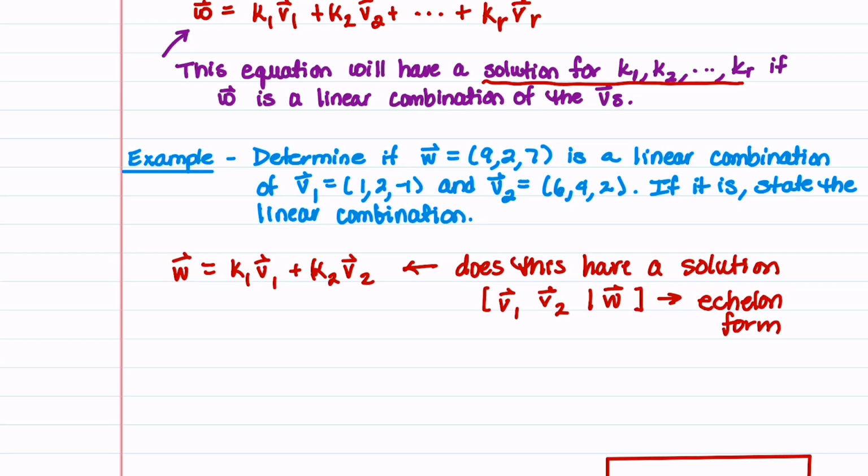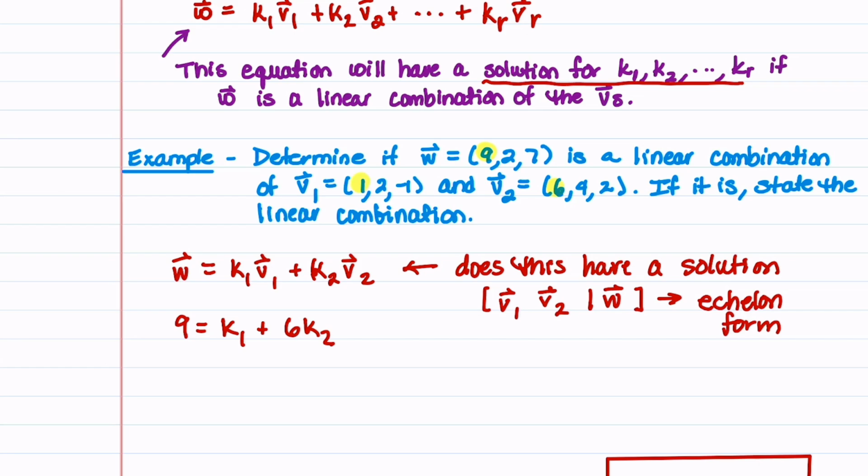We'll write down the linear system first, and once you get used to doing this, you won't have to do this step. So we have 9 is equal to k1 times 1 plus 6k2. Let me just highlight what we did here. We took this, and that.